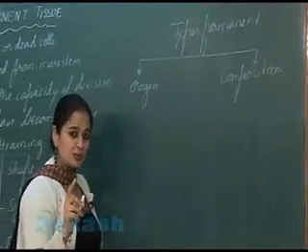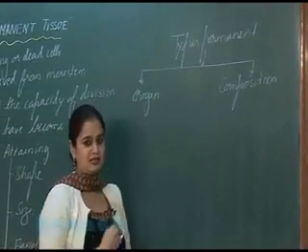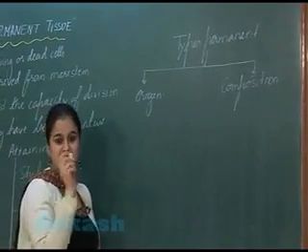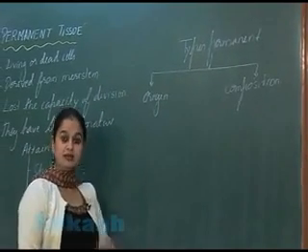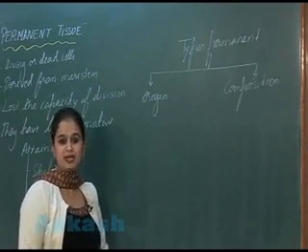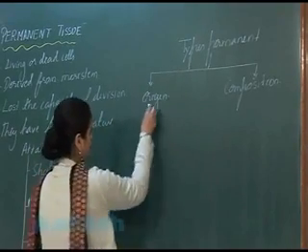The permanent tissue which is formed by apical meristem, or which is formed by intercalary meristem, this type of permanent tissue is known as primary permanent tissue.